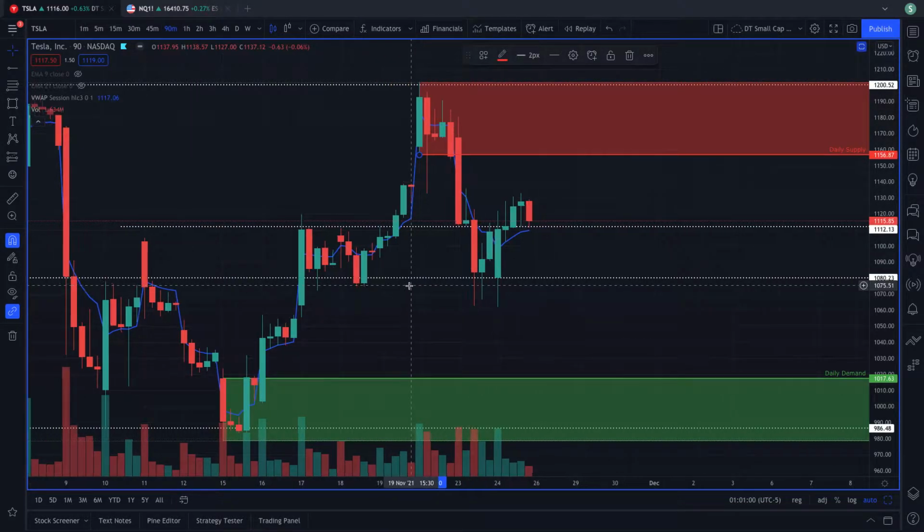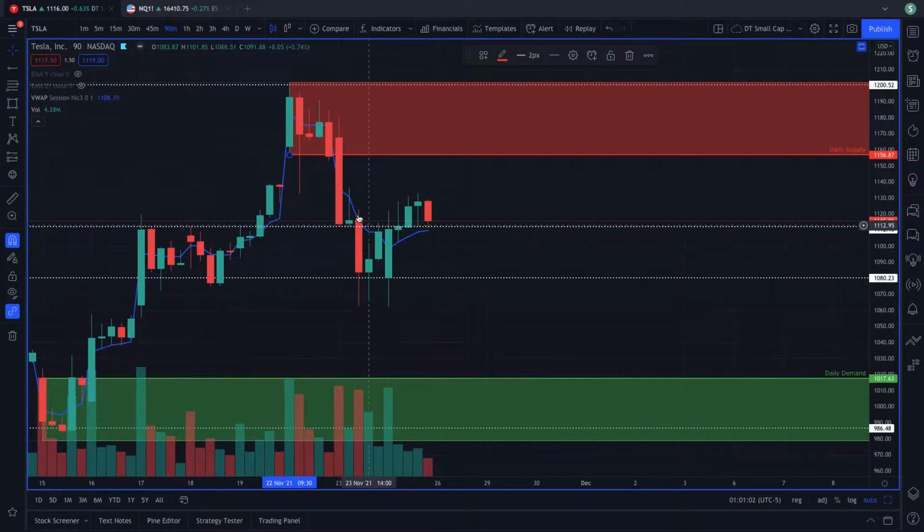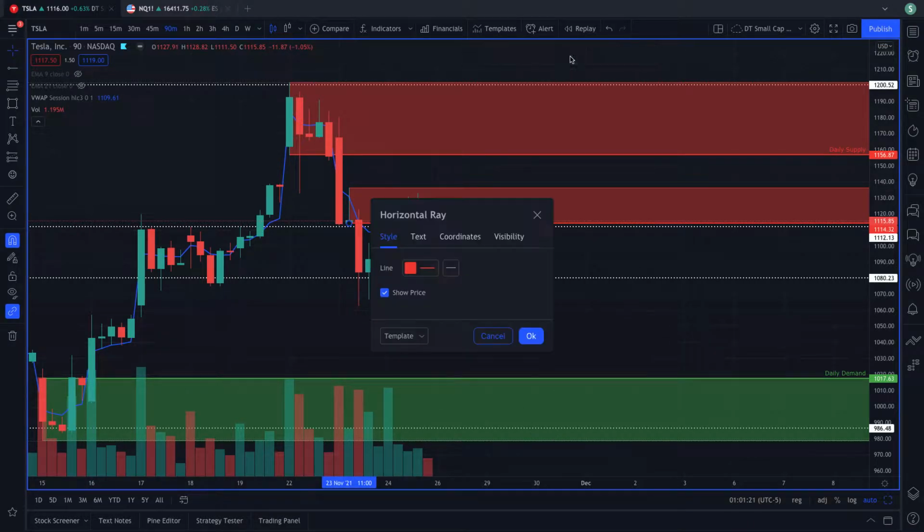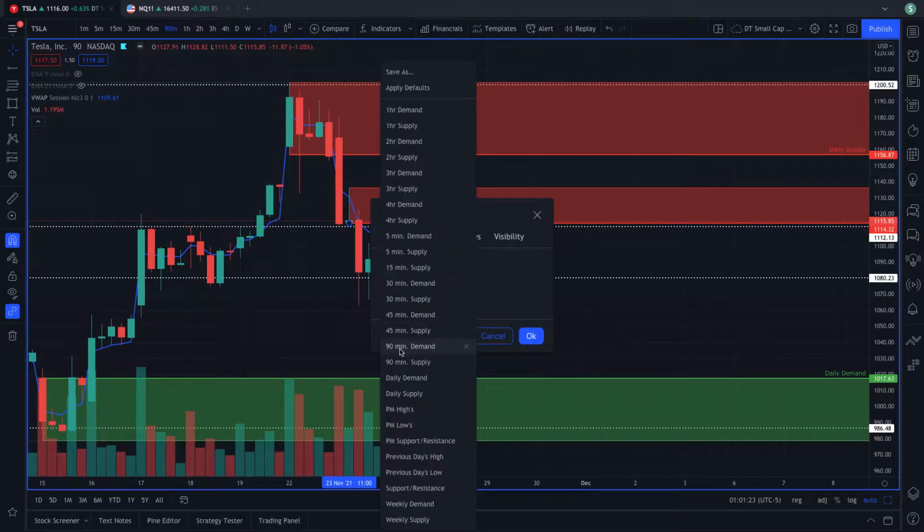You can kind of see supply and demand zones. Ooh, okay. So we do have a supply zone over here on the 90-minute time frame, which I will drop the base for liquidity and a drop. So I'm gonna draw that over here. Name this a 90-minute supply. There we go.